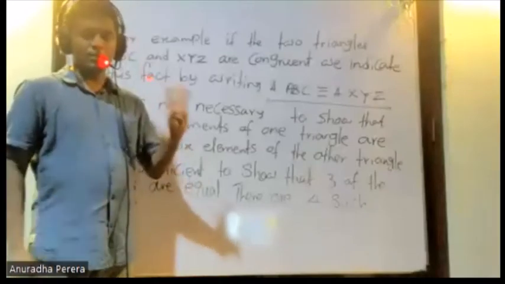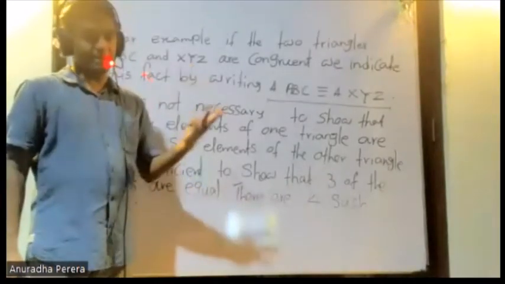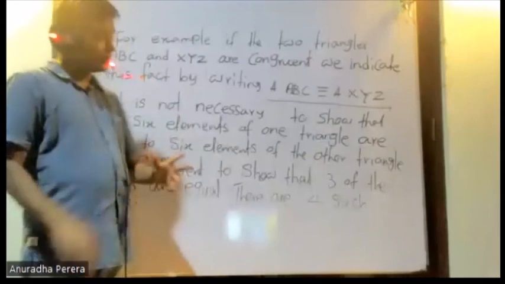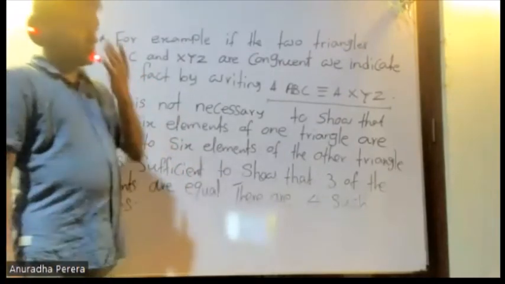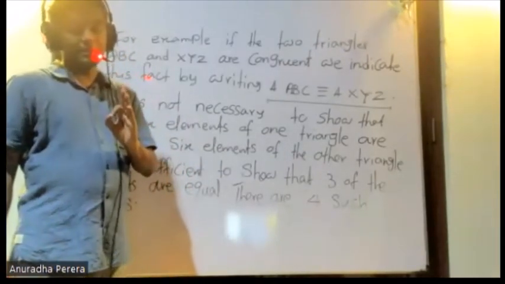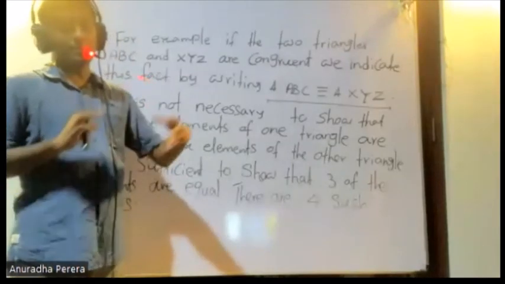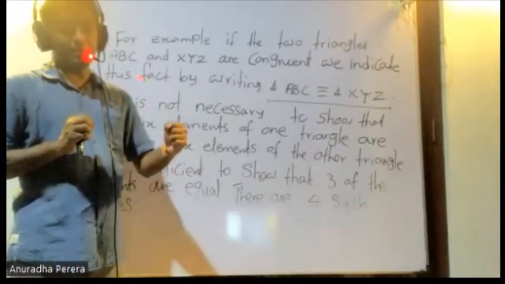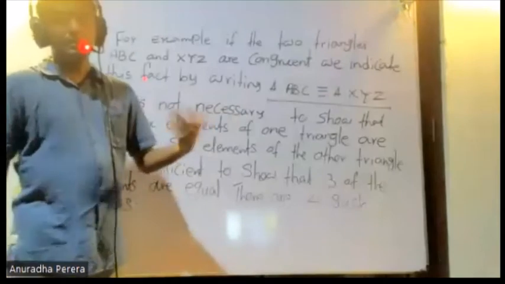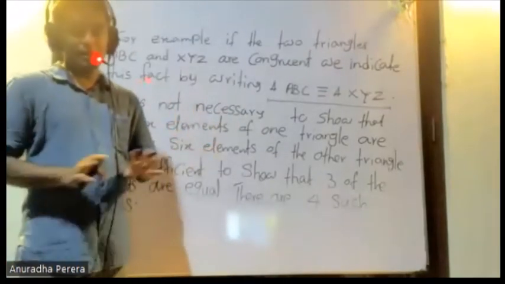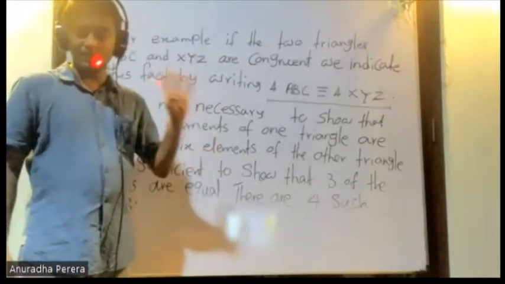Using only the equality of three elements we can prove it. Important thing: this does not mean that if any three elements are equal to three elements of the other triangle, the two are congruent. There are four special cases.